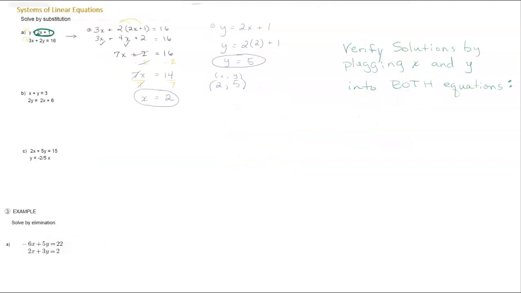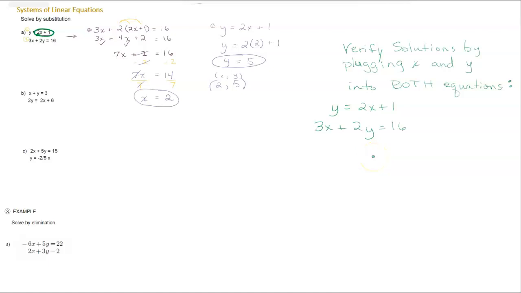To verify your solutions, you'll want to plug the x and y that you just solved for into both equations to make sure you get a true statement. Our first equation was y is equal to 2x plus 1, and the second equation, 3x plus 2y is equal to 16.